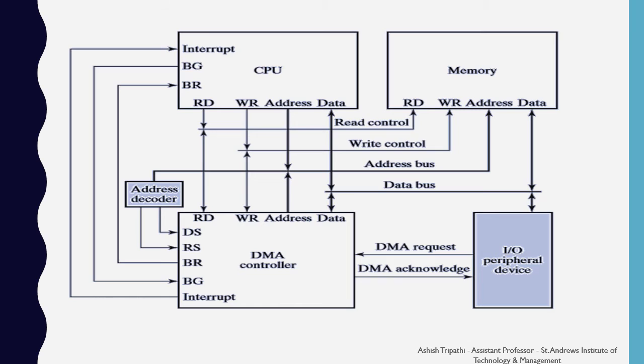It performs the read and write operations in the memory directly without the awareness of the CPU. After the exchange has been done, the DMA sends the interrupt signal to the CPU that the transfer has been done successfully, and now the CPU relinquishes the buses from the DMA and starts its normal mode of operation.